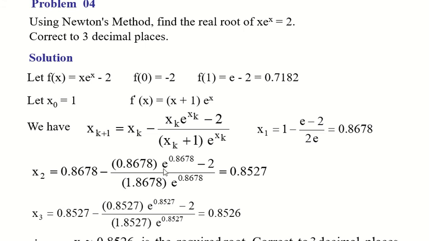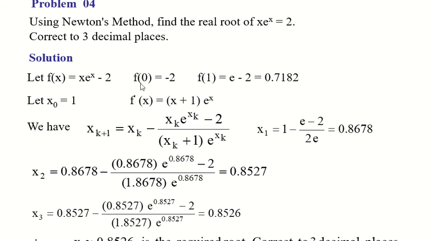Okay, we shall consider one more problem wherein you are finding the root of x e power x equal to 2, correct to 3 decimal places, using the Newton-Raphson method. The question is here, f of x equal to x e power x minus 2.